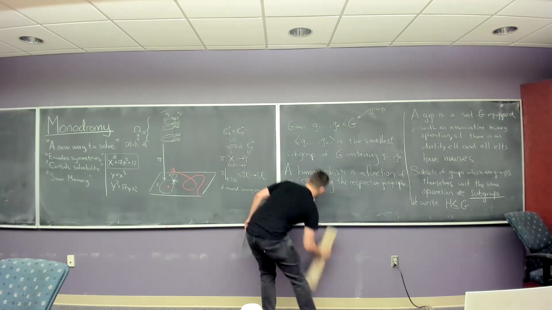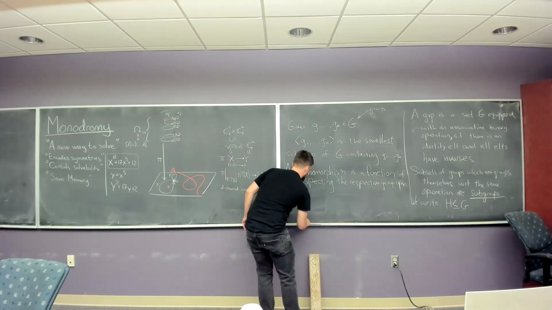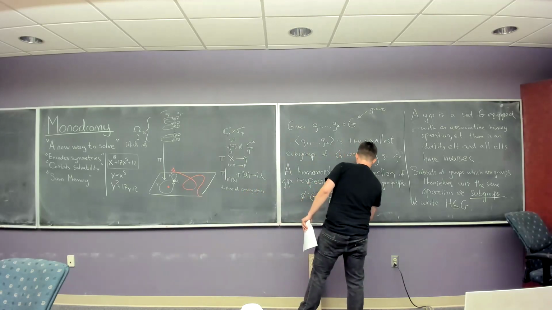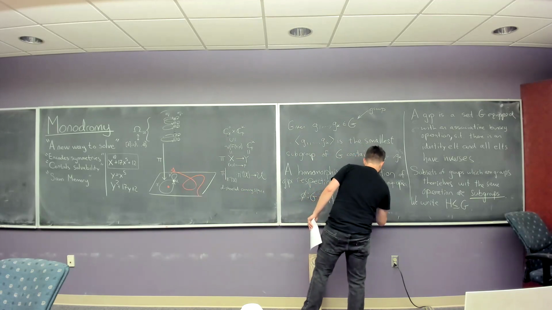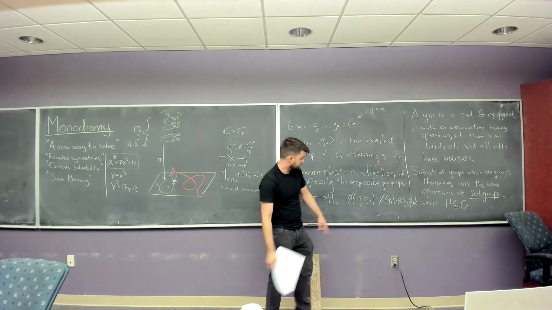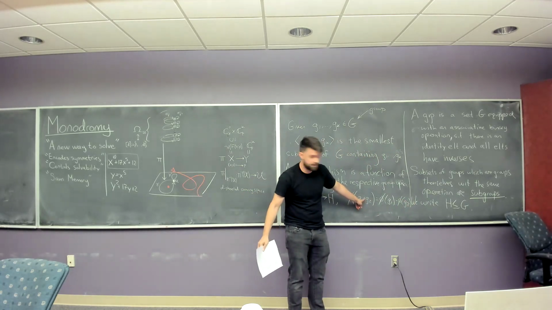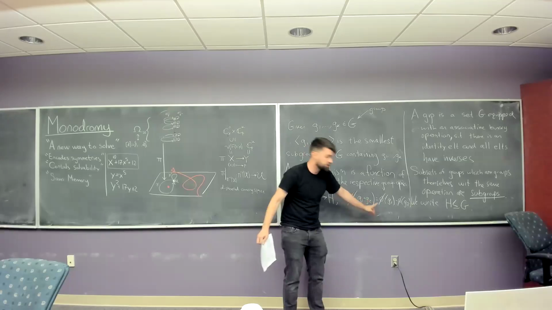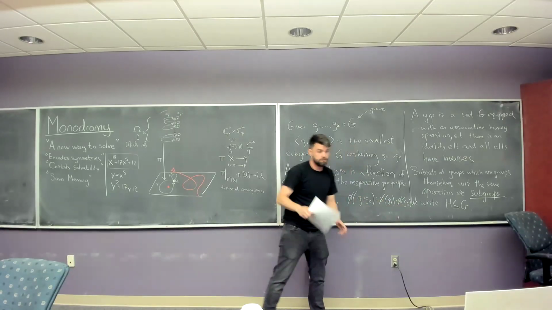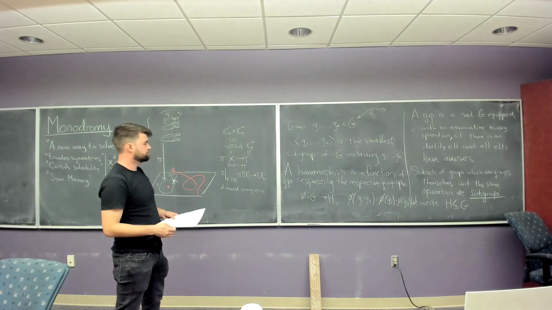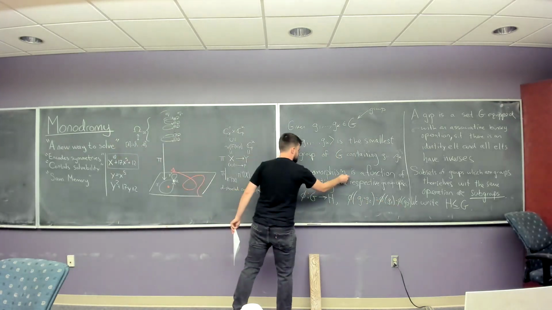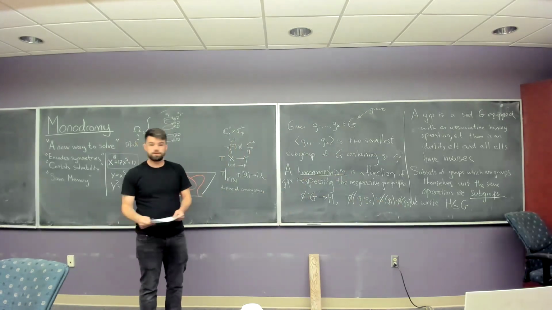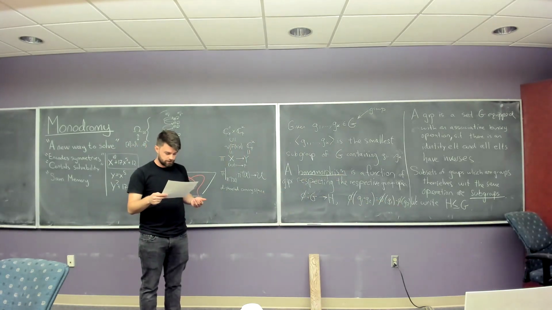Some function phi goes from some G to some H, such that phi of g1 times g2 is phi of g1 times phi of g2, where you should not necessarily think that this operation is the same thing as this operation. This operation happens in G, this operation happens in H. Okay, that's your crash course on groups. Any questions? That should be enough for us here.